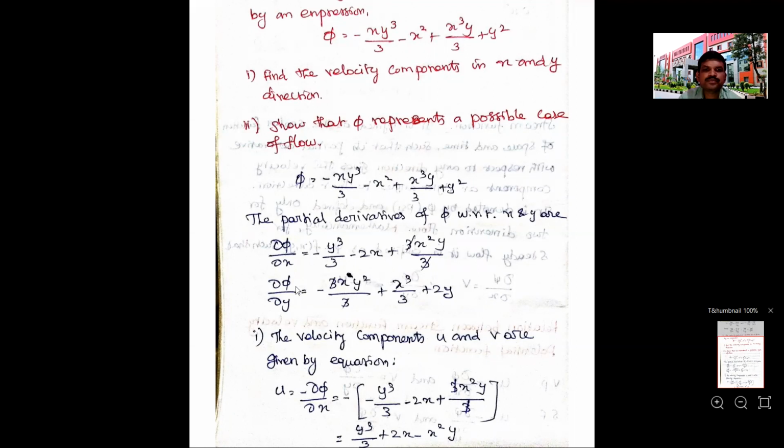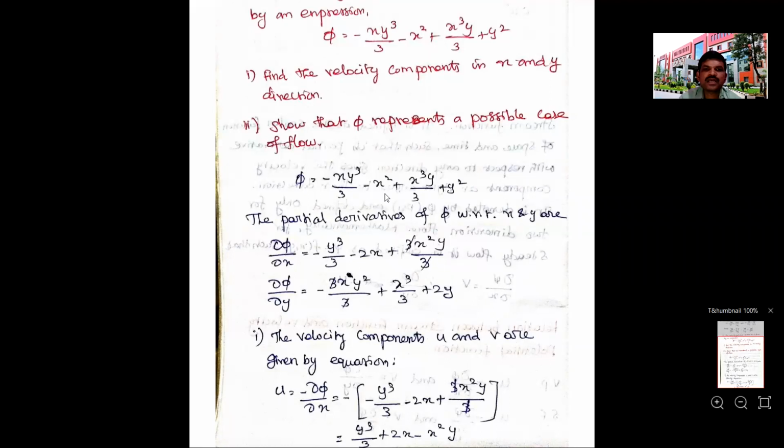Next, dou phi divided by dou y. Differentiate this equation with respect to y. Here minus x y cube, partial differentiation gives 3y square, so we get 3xy square divided by 3.